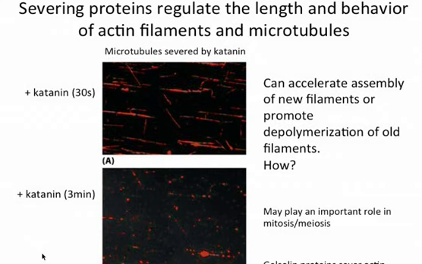So you might be saying, wait a minute, she just said this protein chops things up. What do you mean it can accelerate assembly of new filaments? How would a severing protein accelerate assembly of new filaments? Oh, I like that. It's like cutting a magnet in half.